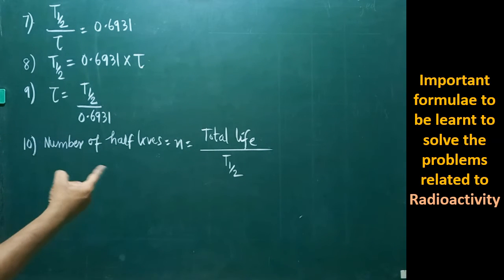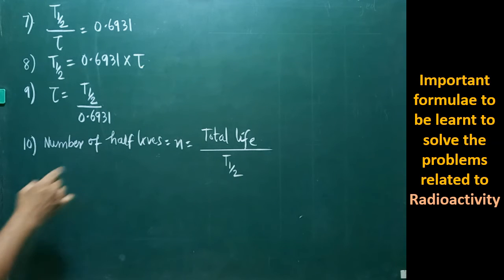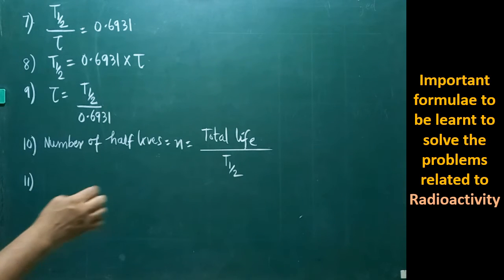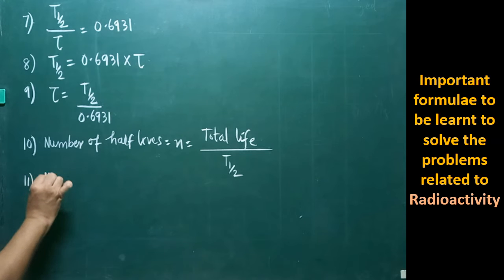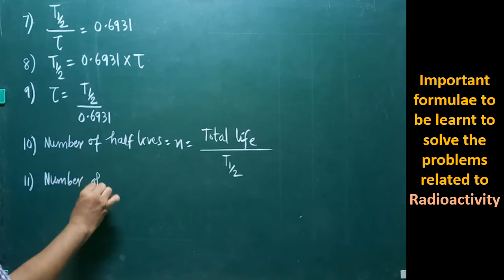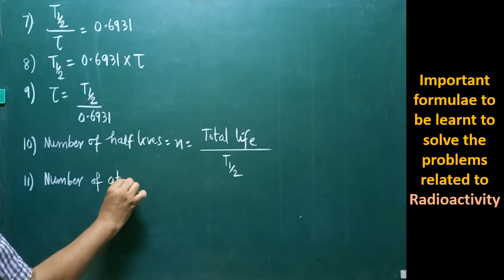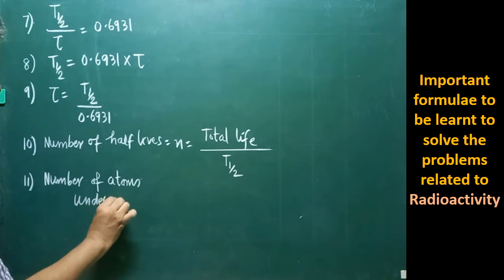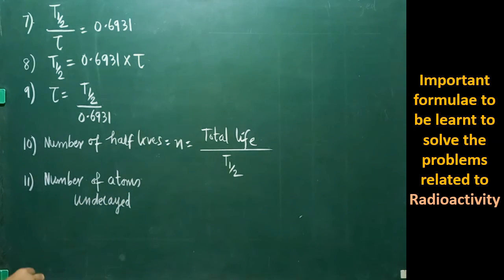While solving the problem, only then will you know the importance of all the formulae. And then, what is another formula? The total amount of substance undecayed, the total number of atoms that are left undecayed, in terms of fraction.